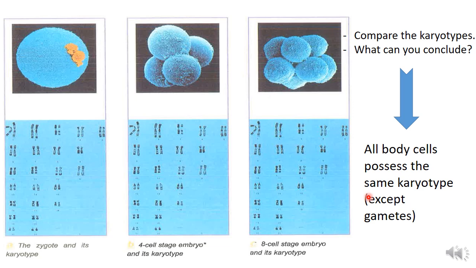Even if I take a cell from the intestine, a cell from the lungs, a cell from the muscles, any cell you choose and you do its karyotype, you are going to find that the karyotype is always the same: 23 pairs, 46 chromosomes, all autosomes identical to each other, and all karyotypes carrying the same gonosomes, of course, if these cells are taken from the same individual, from a woman or from a man.